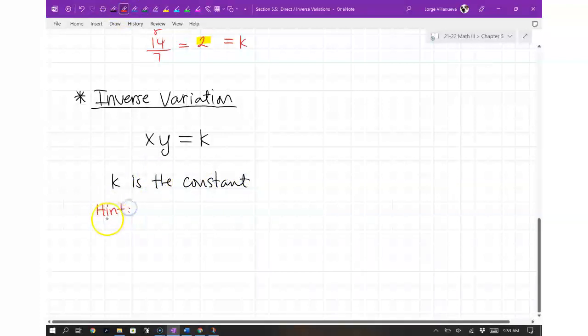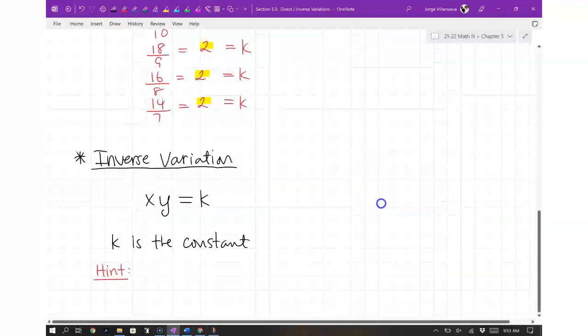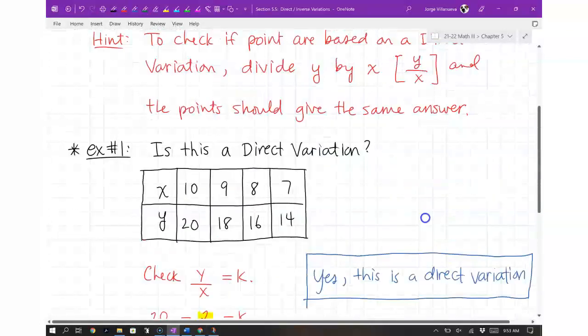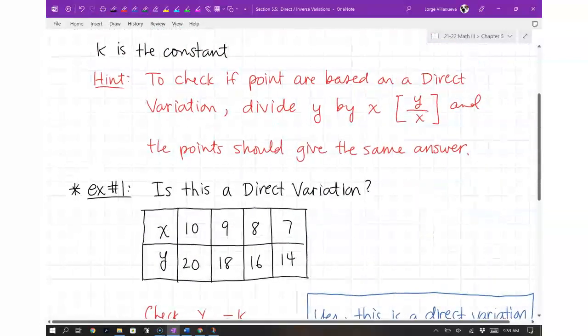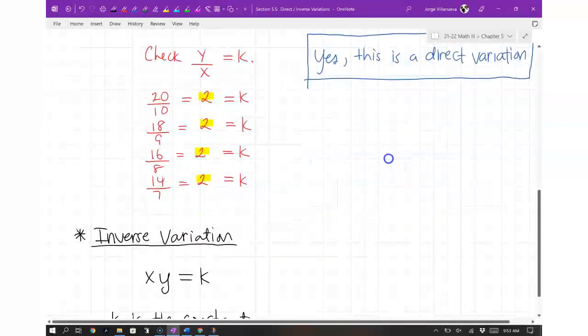And if you want to try to figure out if something is an inverse variation, then we're going to do what we did before. Like over here in red, we said to check if points are based on the direct variation, divide y by x, and the points should give the same answer. We're going to have the same little hint right here.